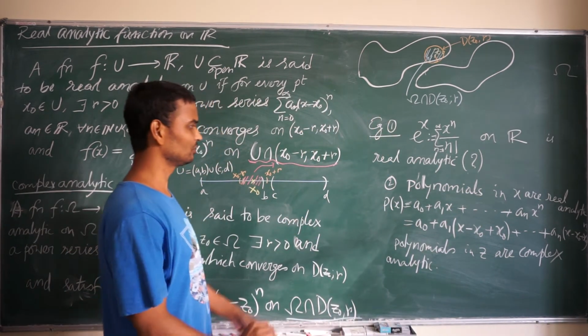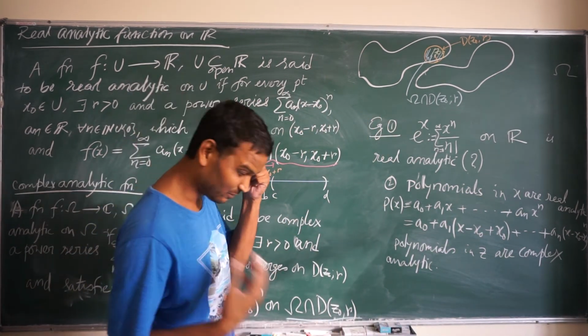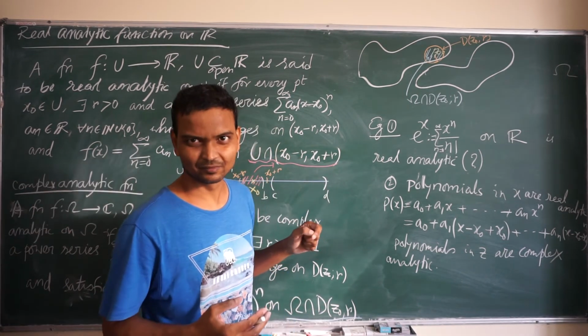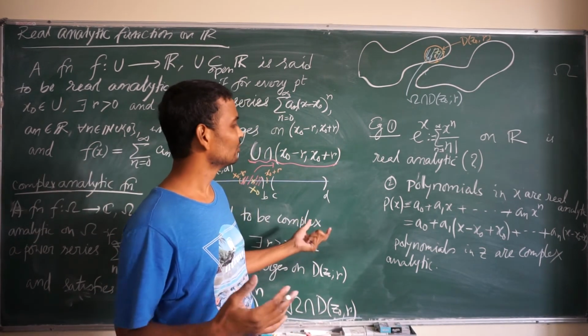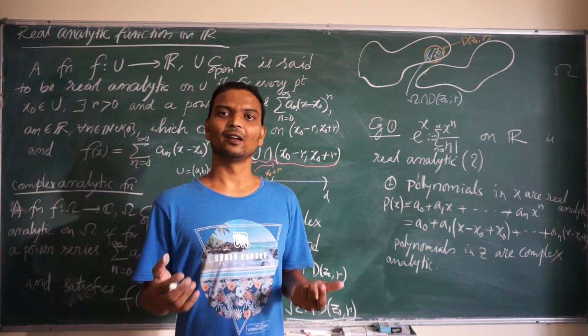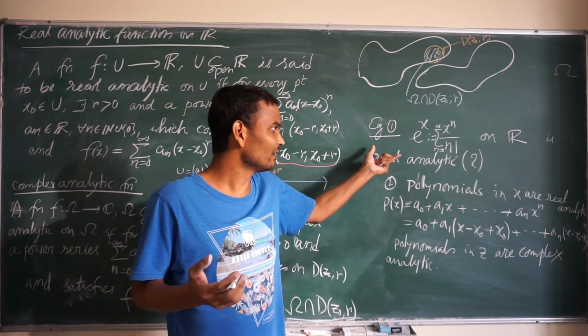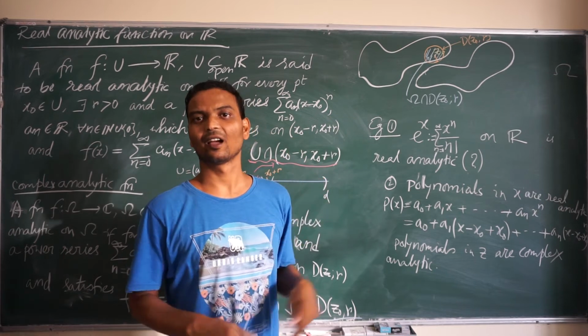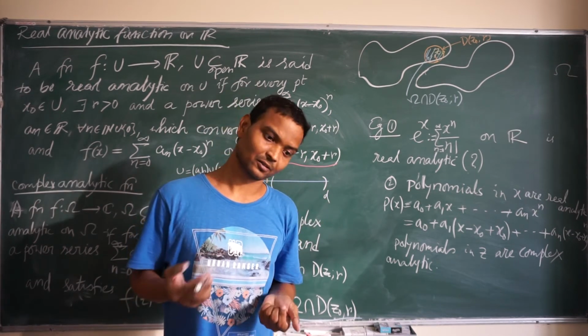Whatever comes next, we need a proof. So the next aim is to show that a power series is real analytic in the real case and complex analytic in the complex case.